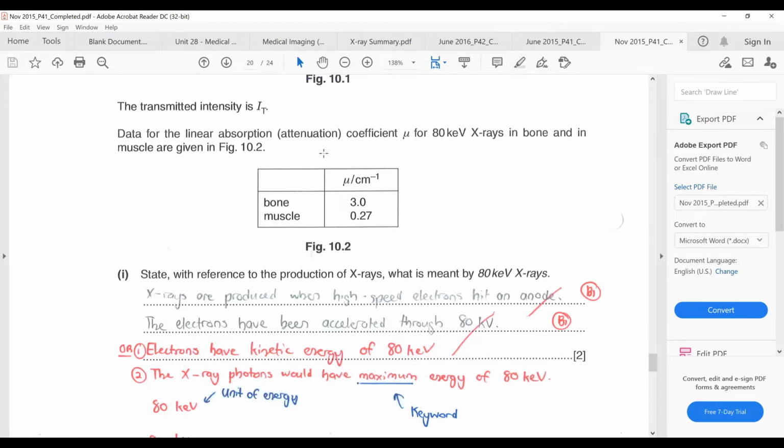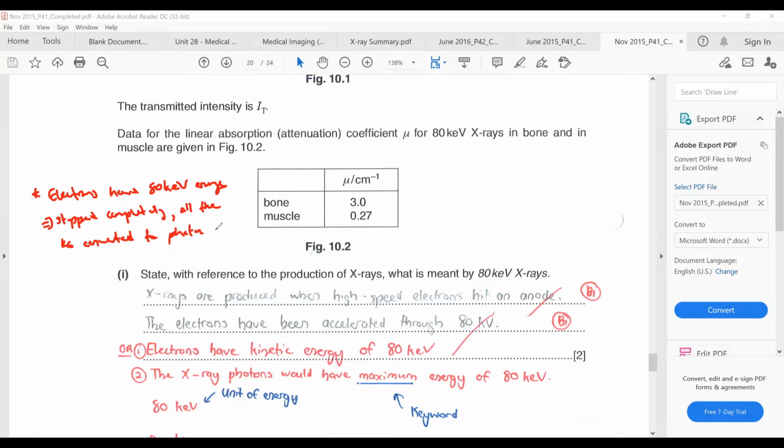Now this one here, how you think of it is this. If your electrons have 80 keV energy, it will stop completely. That means max photon: if you stop completely, all the KE is converted to photon energy.